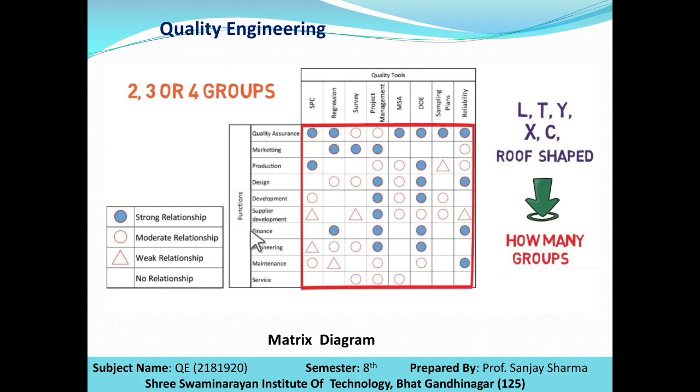These are the functions: quality assurance, marketing, production, design, development, supplier development, finance, engineering, maintenance and services. And on the right side: SPC, regression, survey, project management, MSA, DOE, supplement plans and reliability. These are the parameters of the quality tools.